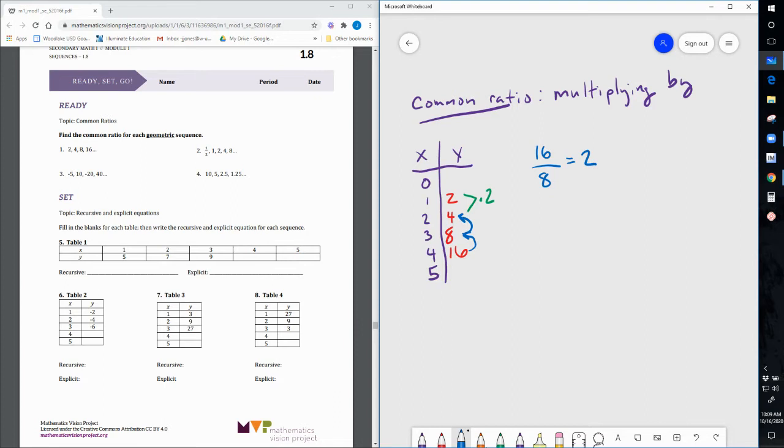You should do it more than once just to make sure it's the same number. 8 divided by 4 indeed is 2. If it's the same number, that's how you know it's geometric to begin with, and now you've found your common ratio. So 2 would be the answer. That's what we're multiplying by every time. And this up here was just us proving that it was 2 by dividing backwards.